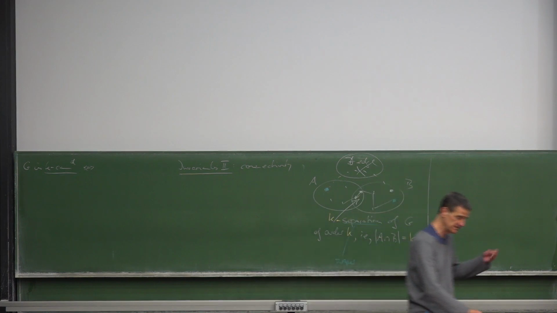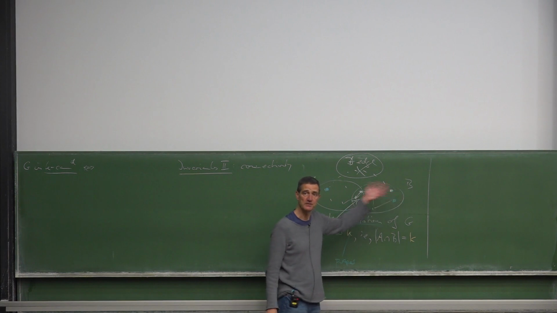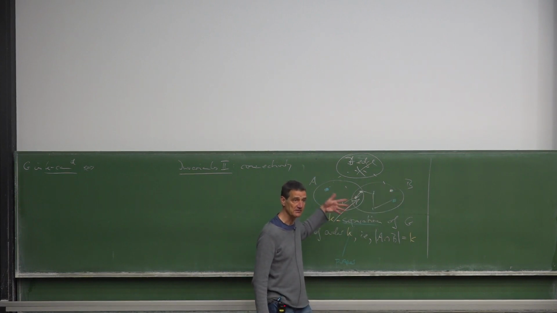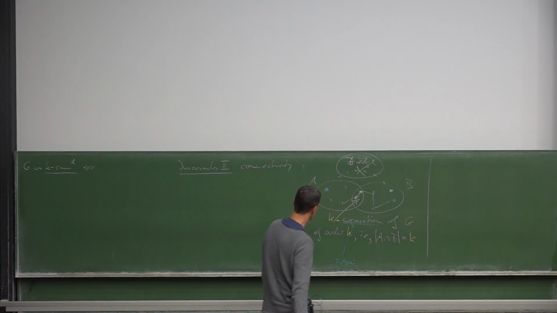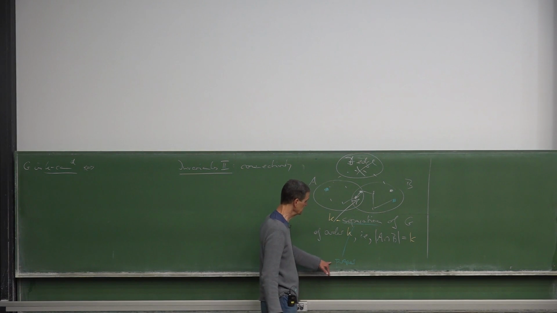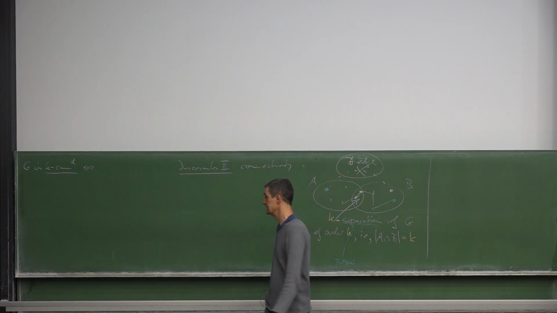For a separation itself, as such, we do allow that A is a subset of B or B is a subset of A, in which case, of course, the bigger one has to be the entire vertex set. That is allowed in general, but not very interesting. So normally, we consider proper separations where A minus B and B minus A are both non-empty.